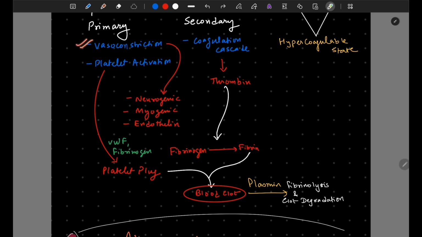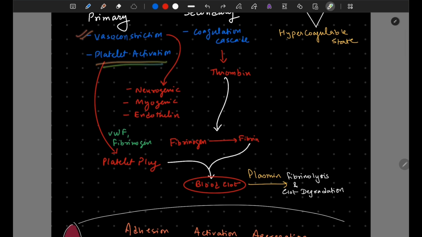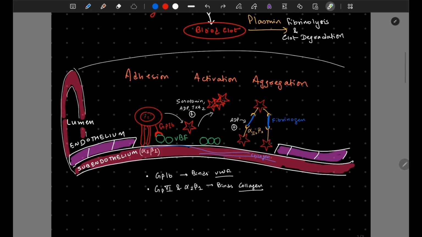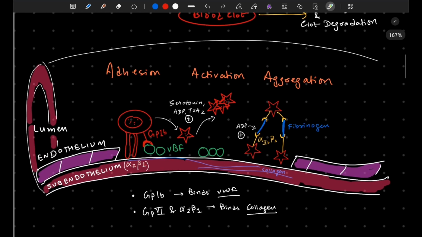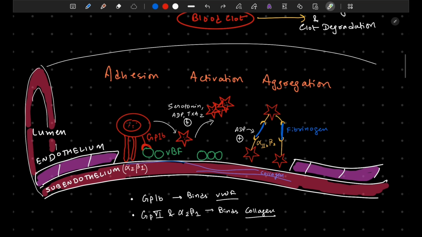Along with it, platelet activation pathway starts. Let's look upon platelet activation and how it helps to get a platelet plug. Platelet activation is basically divided into three parts: the adhesion, activation and aggregation.